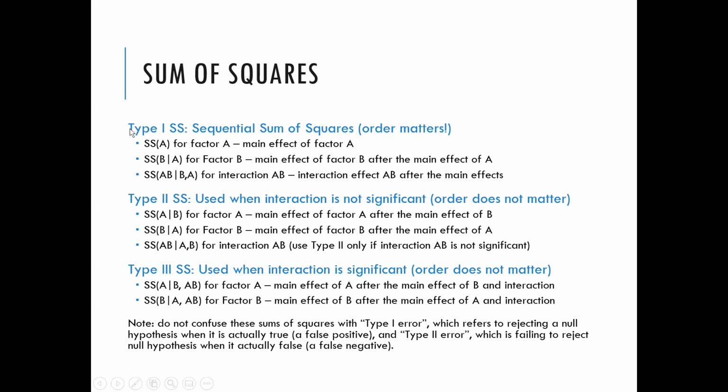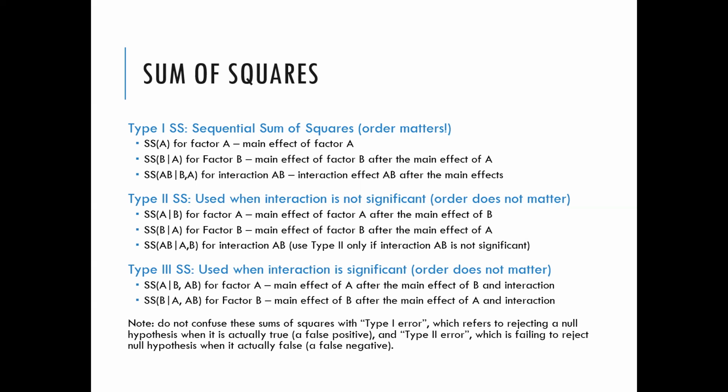All right, so we have three different types of sum of squares. In our type 1 sum of squares, referred to as the sequential sum of squares, I put here order matters. So the order in which we put our independent variables, our factor A and factor B, does matter.